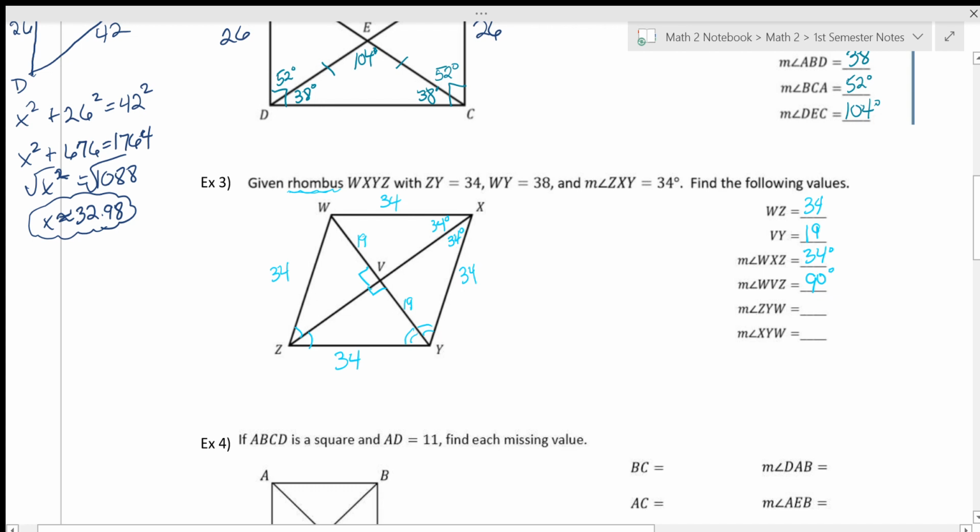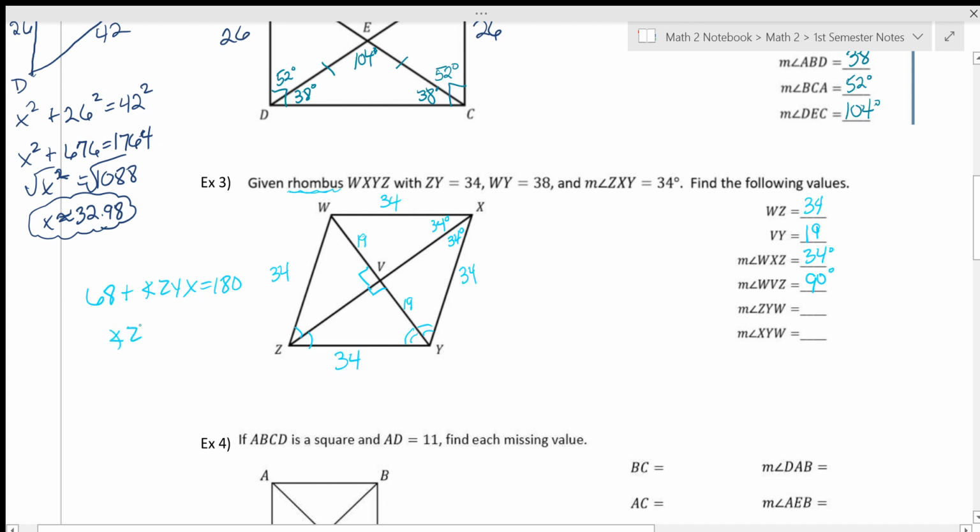ZYW. So the 34 plus the 34, so 68, which is our other angle here, plus angle ZYX needs to be 180. So remember, our consecutive angles are supplementary with parallelograms.